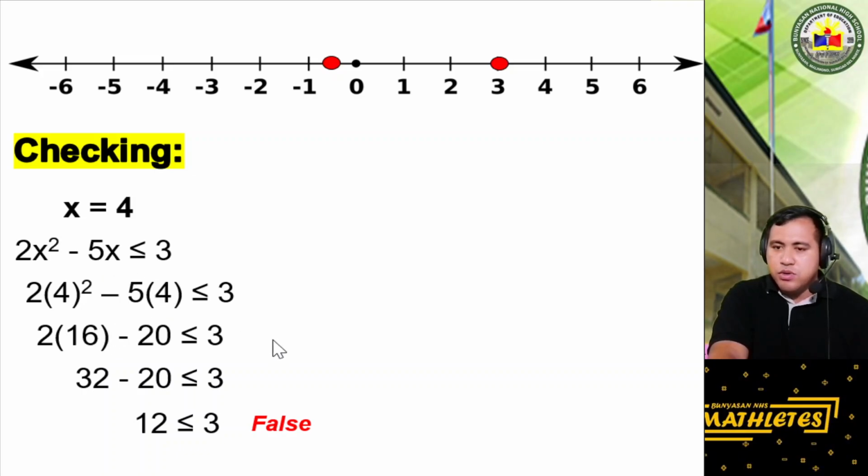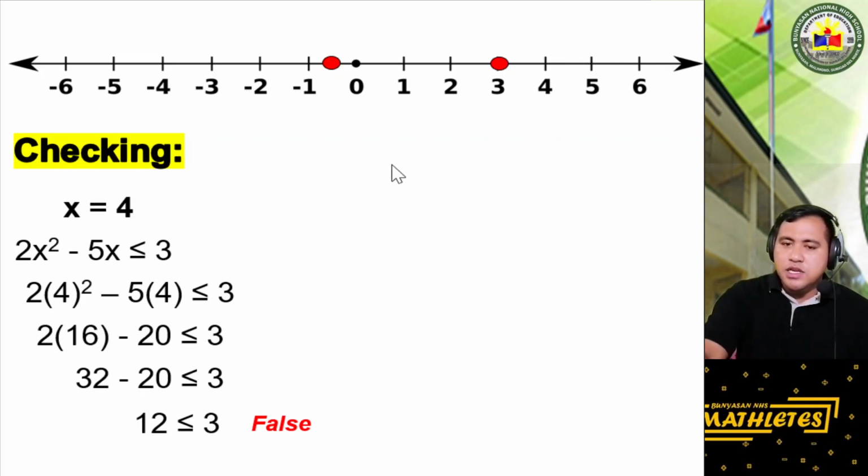After substituting it to our quadratic inequality, the result is 12 is less than or equal to 3, which is false. So again, it is not part of the solution set.